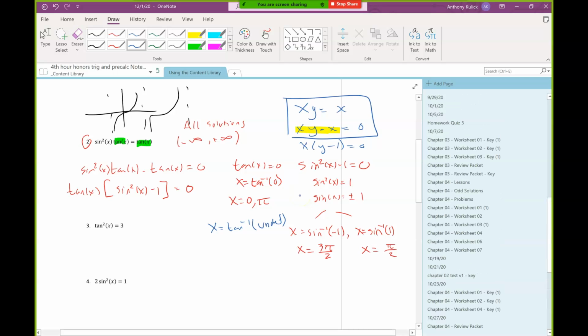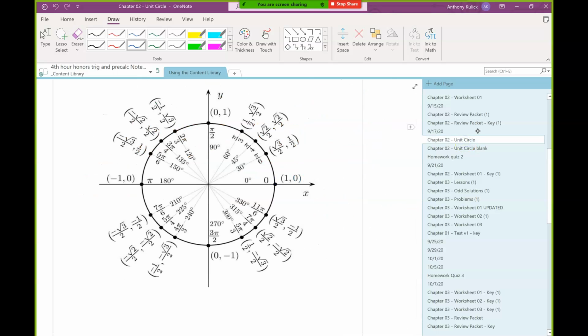So to look at that, I'm going to go back to my unit circle. So tangent is going to be undefined when the x-coordinate is 0. Again, tangent is y over x. If the denominator of your fraction is 0, that's undefined. So that happens here and here, right?